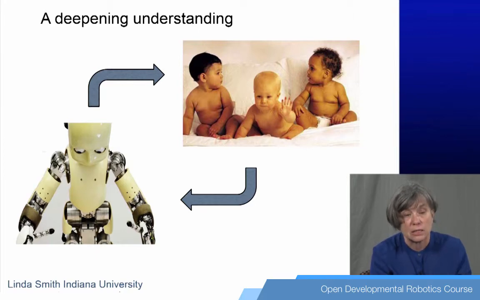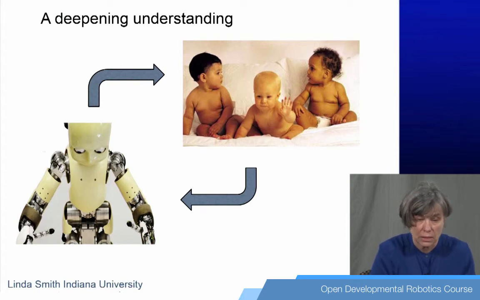But this is a case in which building a robot based on what we knew about babies has actually given back a little new insight into how the spatial and working memory systems of young learners may be intimately tied to the spatial disposition of the body, its momentary disposition in space.